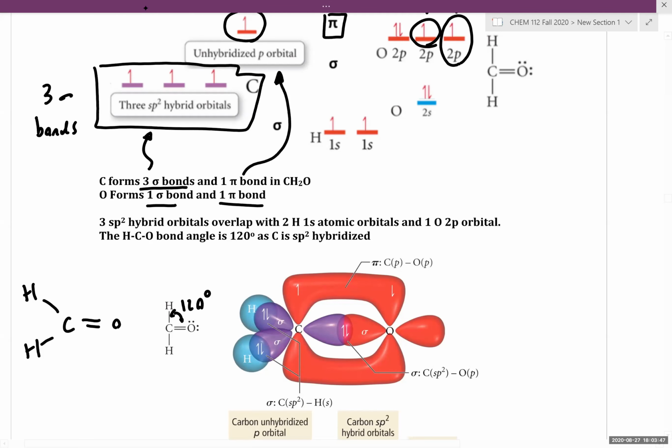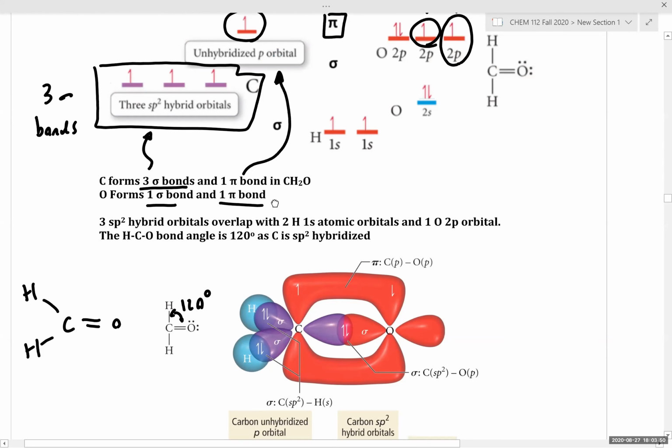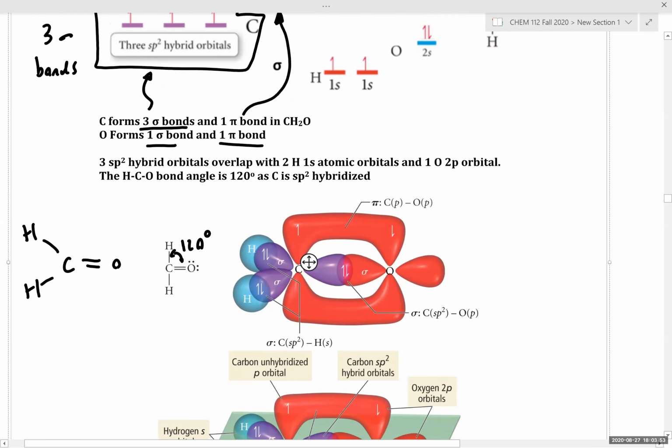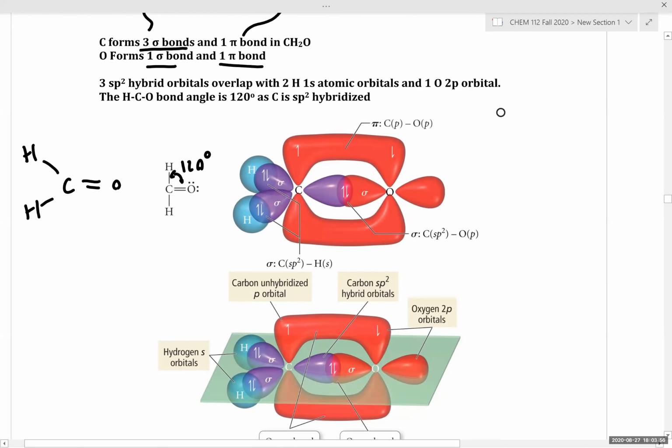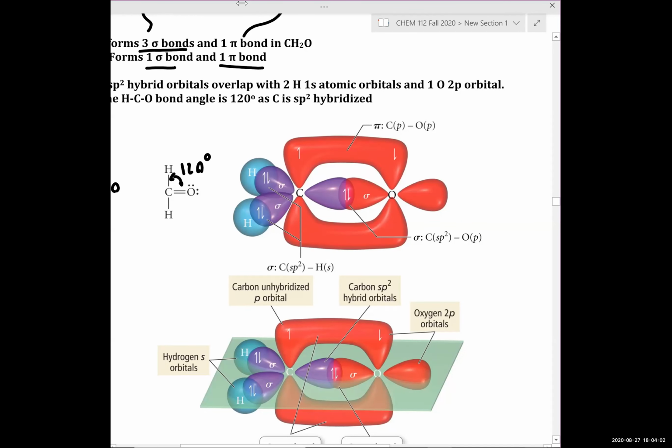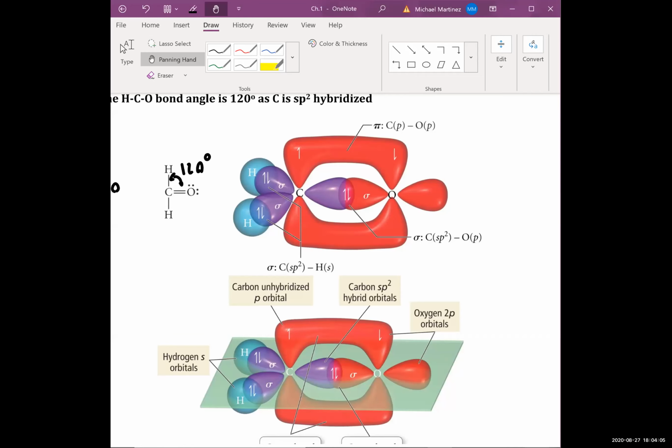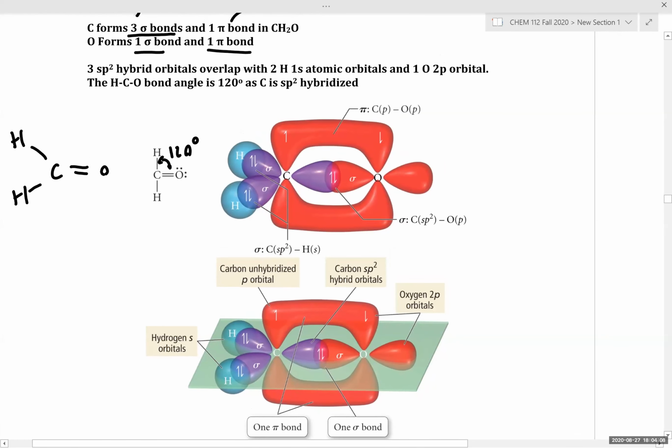Now, to fully showcase this pi bond, let's draw a picture. So we have our carbon 2p orbital that is half filled. We also have an oxygen 2p orbital that is half filled.